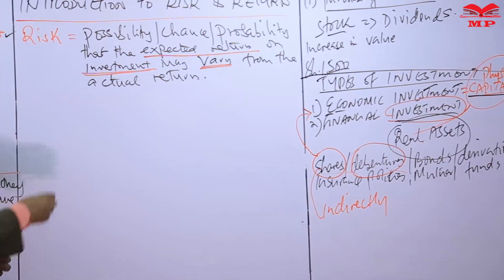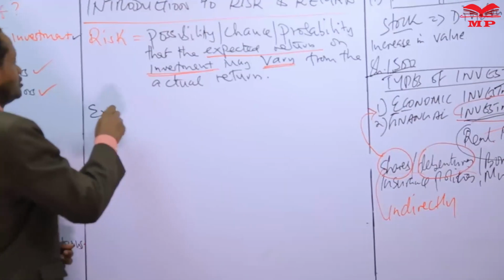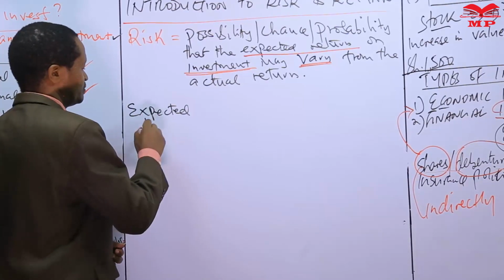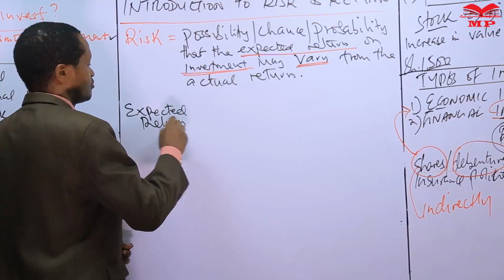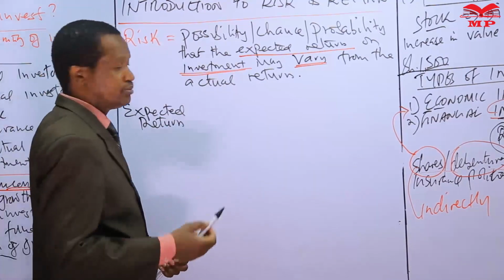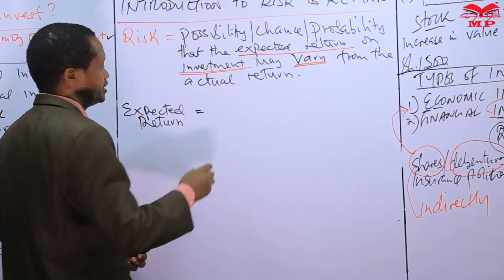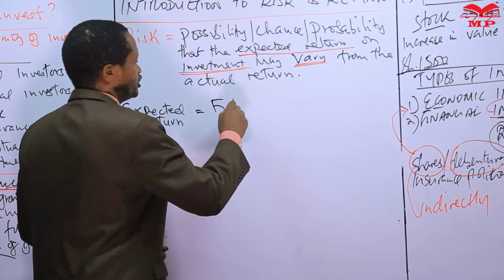Because the expected return, when you buy a share, when you buy a bond, this return is expected to be received in future.